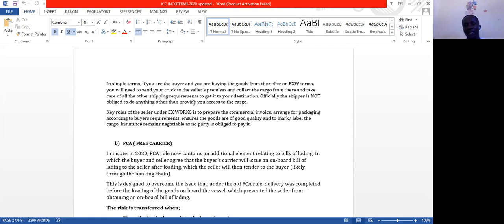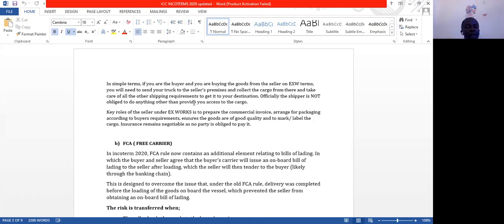Get that point clearly. The key roles of the seller under Ex Works are to prepare the commercial invoice, arrange for packaging according to the buyer's requirement, ensure the goods are of good quality, and mark or label the cargo. Insurance remains negotiable as no party is obliged to pay.